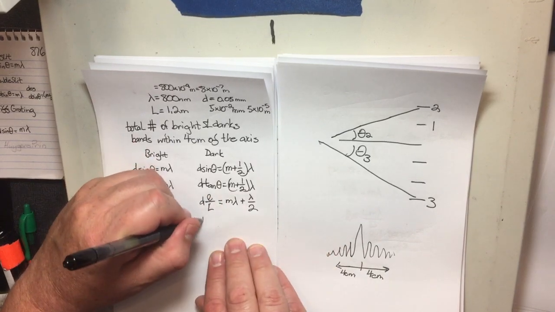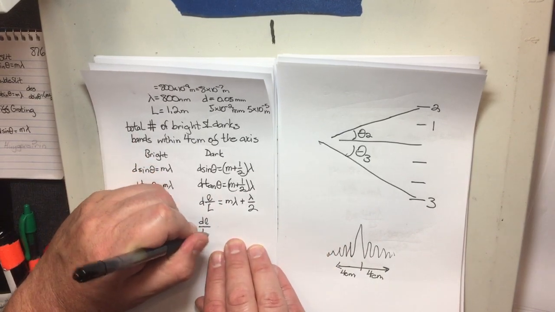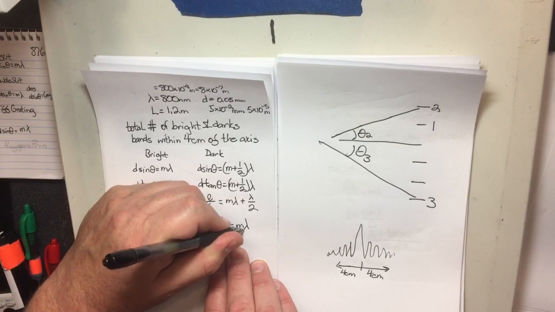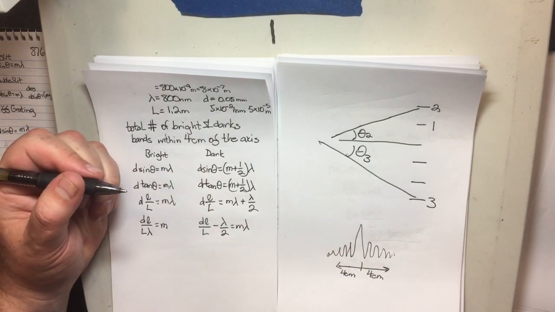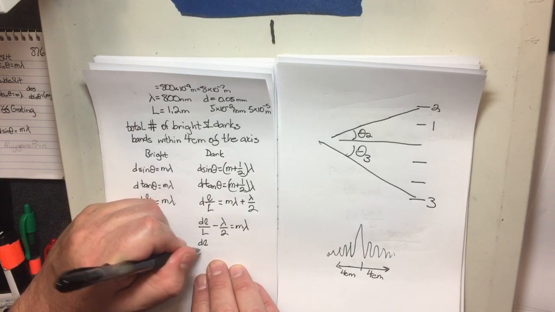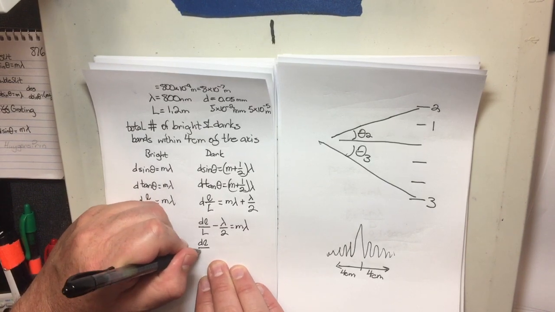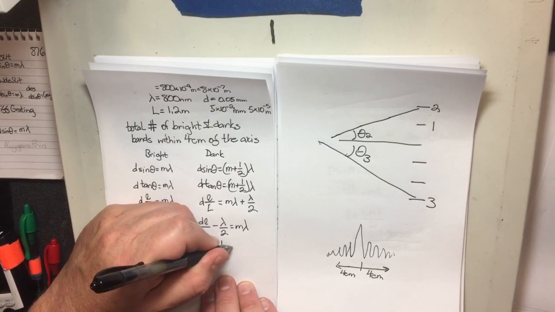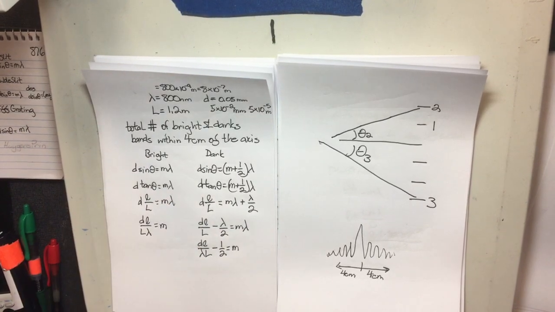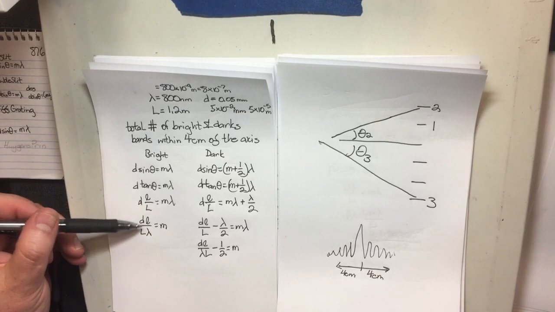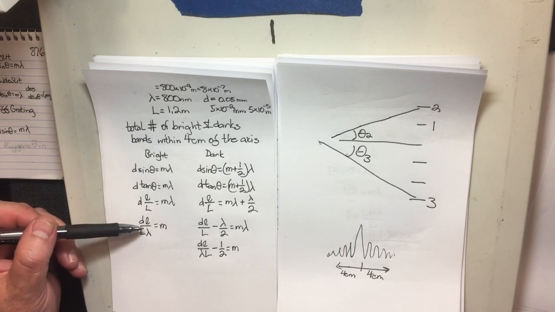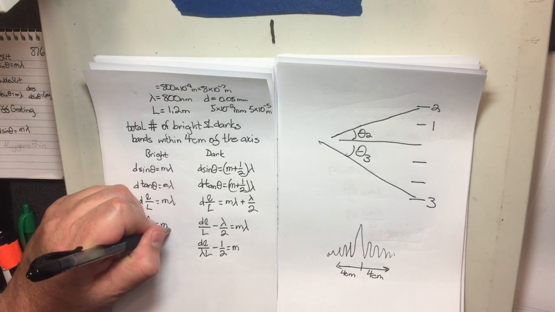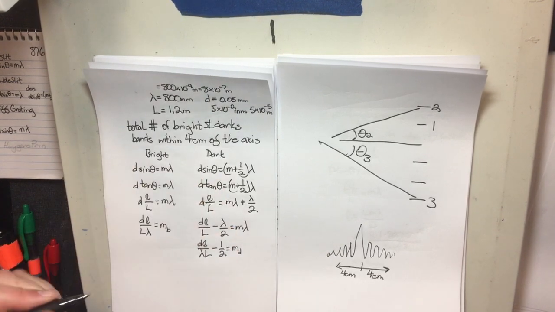Bring that over: d l over big L minus lambda over 2 is equal to m lambda. Divide both sides by lambda, and I get d l over lambda L minus 1/2 is equal to m. So really all I have to do is get this, deduct 1/2, and then I get the m for the other one. So this is m bright, this is m dark.